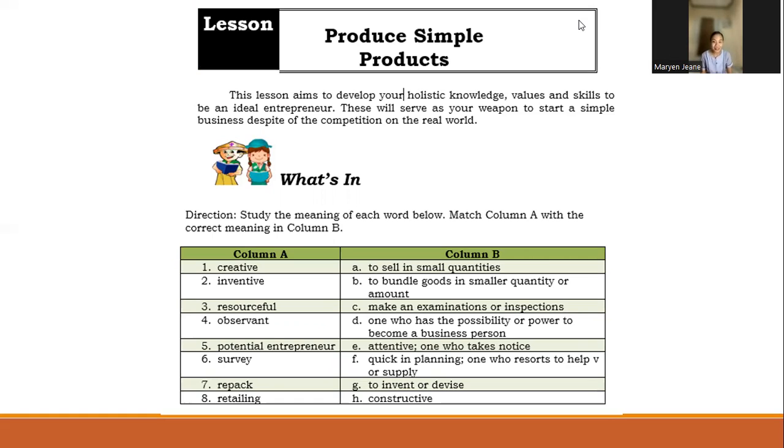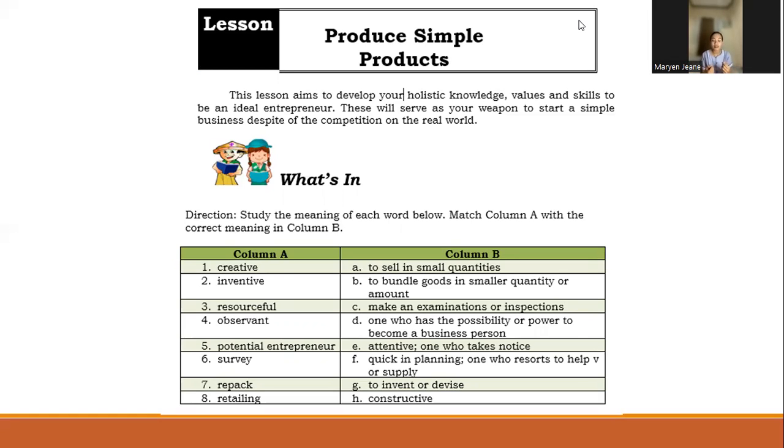So when we say entrepreneur, children, a person is called an entrepreneur if he or she has a business. It doesn't need to be a big business like having a big store or a store in the mall, a big hardware or salon.